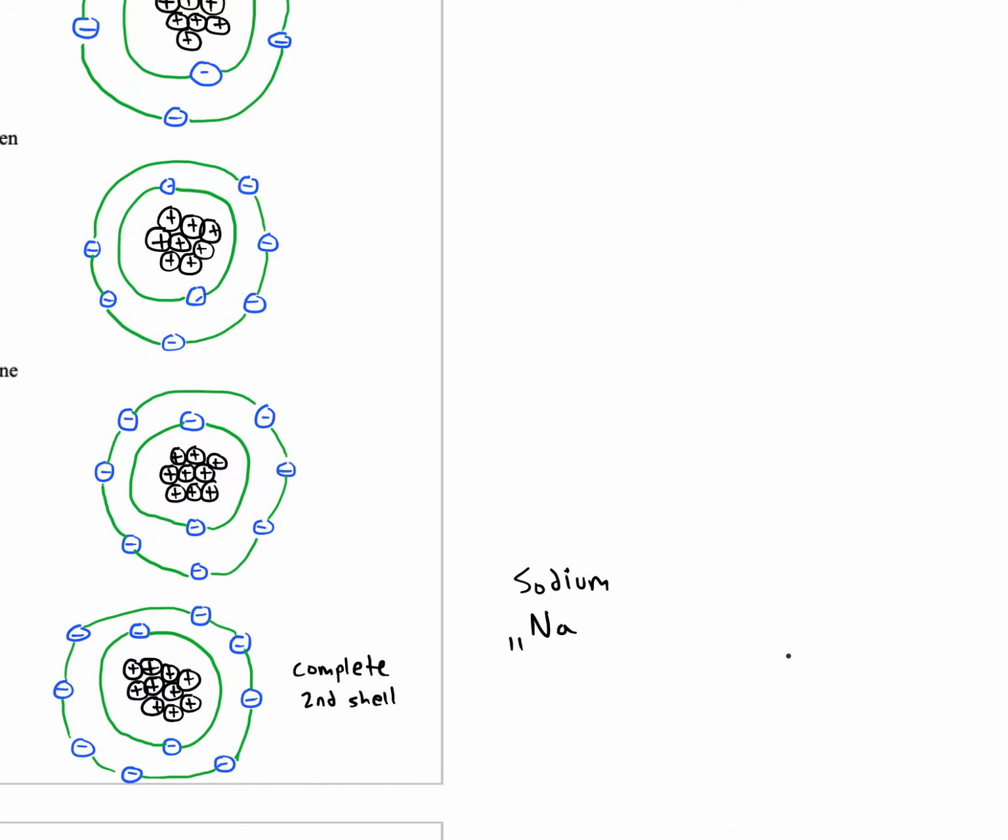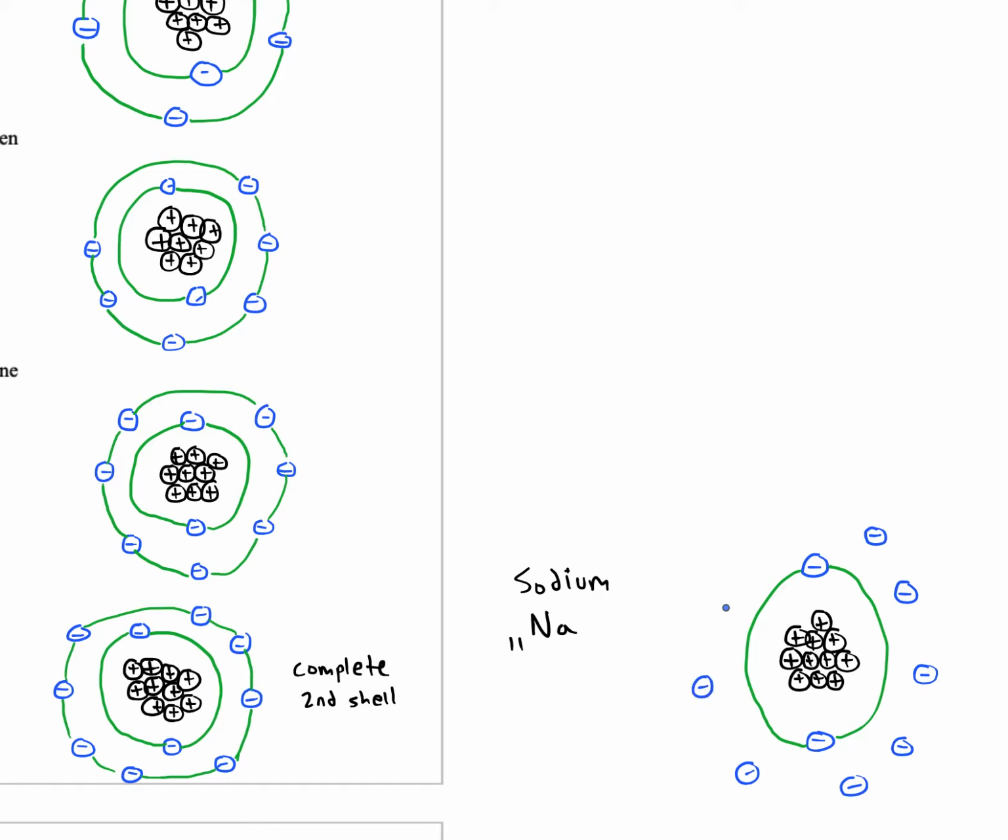So there's 11 protons. We'll fill that inner shell. That's a complete inner shell. And we're going to put 8 electrons in the second energy level. And that is a complete shell as well.